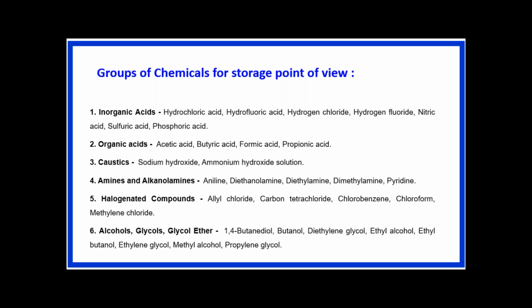Now, there are 24 groups of chemicals for storage. The first is inorganic acids. Examples of inorganic acids are hydrochloric acid, hydrofluoric acid, hydrogen chloride, hydrogen fluoride, nitric acid, sulfuric acid, phosphoric acid, etc. The second group is organic acids like acetic acid, butyric acid, formic acid, propionic acid.